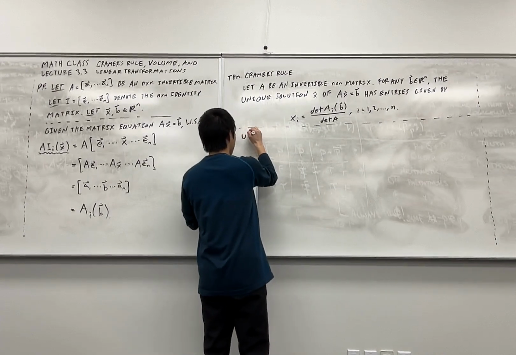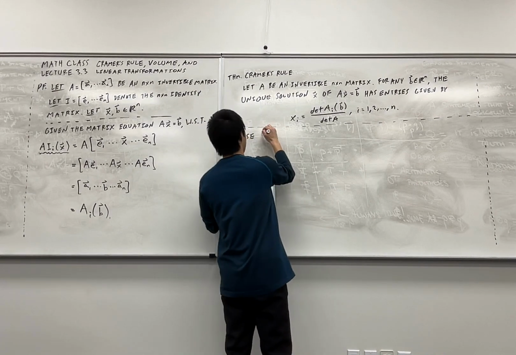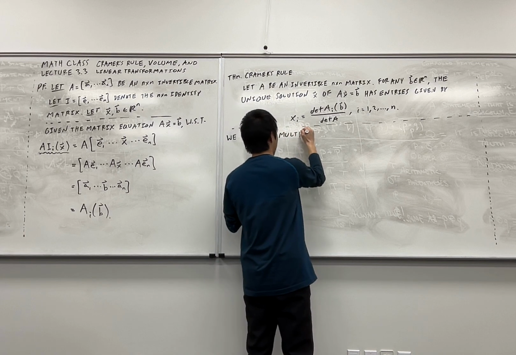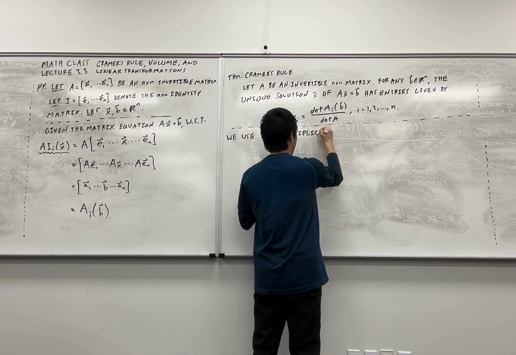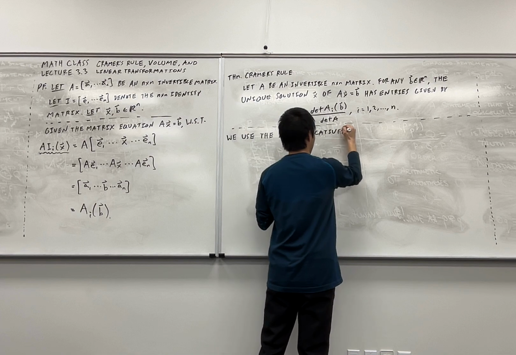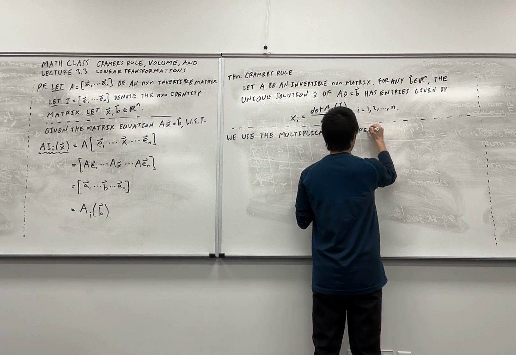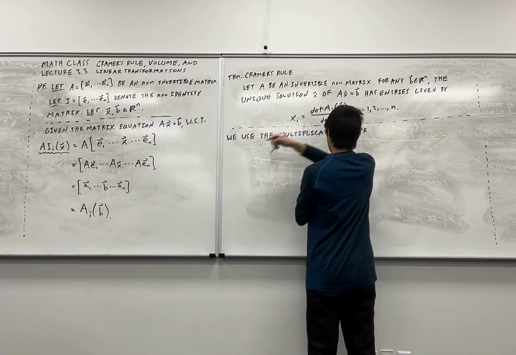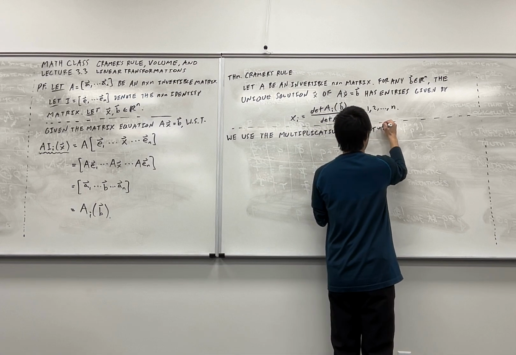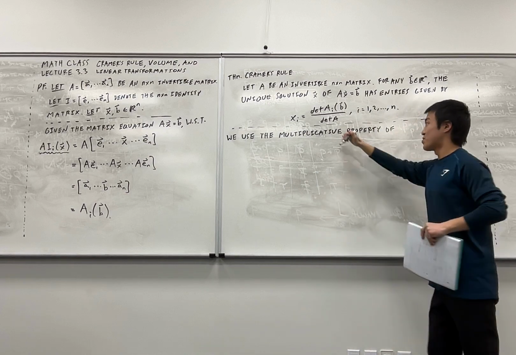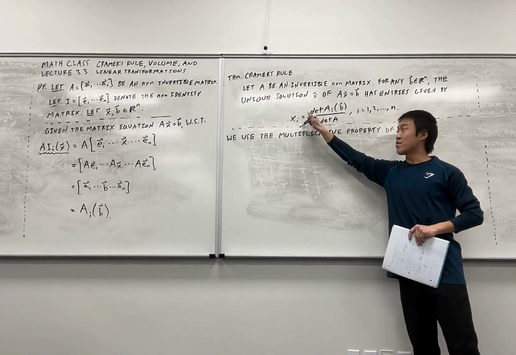So what am I using, Scott? The multiplicative property. Why might I use the multiplicative property? Well, maybe because my two matrices over there are multiplied together. And specifically, I'm eventually aiming for this formula.